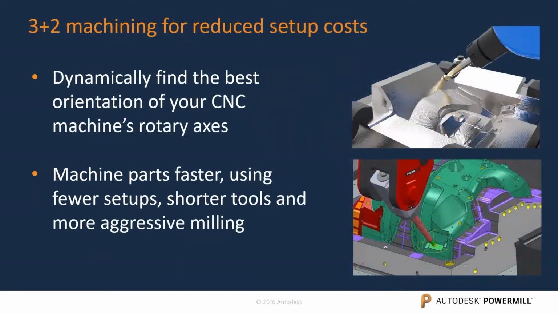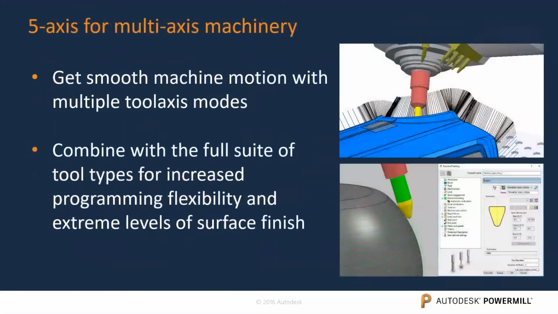Using 3+2 as an option, you can literally create an angle just about anywhere with work planes to drive toolpaths at certain indexed angles on the machine. Reducing setups, extending tool life, and getting parts done faster.